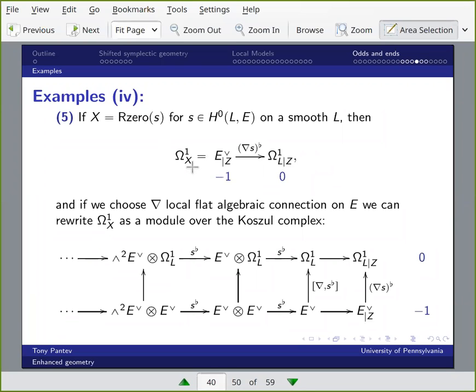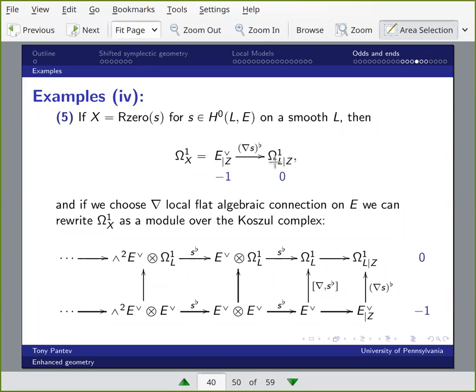So the cotangent complex of the zero locus of a non-transversal section in a vector bundle is a complex on the zero locus. So X_Z is the underlying zero locus. It has two terms. The first term is the dual of the vector bundle restricted to the zeros of the section. The second term is the cotangent bundle of the manifold restricted to the zeros of the section. They sit in homological degrees -1 and 0.